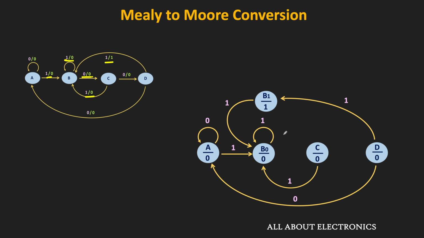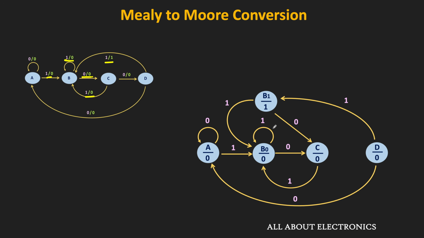So here, in the equivalent Moore diagram also, this B0 and the B1 state will also have the same transition. That means here, in both B1 and B0 states, when the input is equal to 0, then they will do a transition into the C state. So in this way, we have covered all the outgoing transitions in the B state.